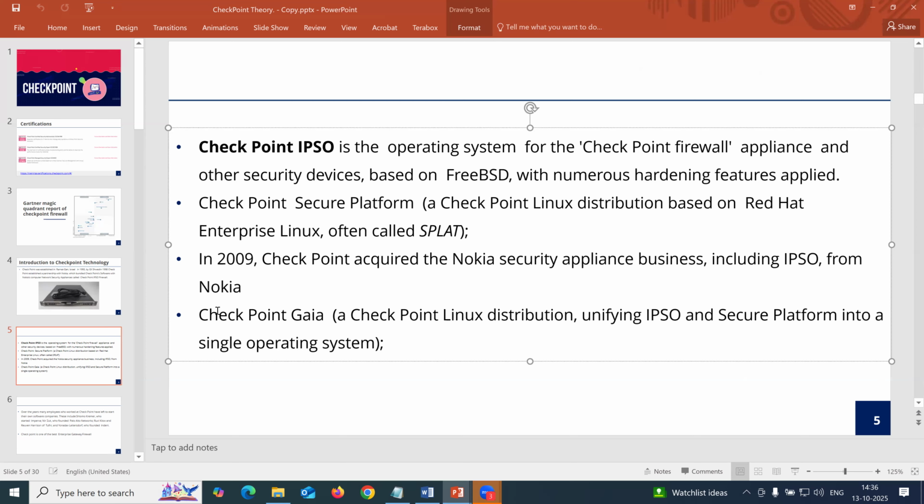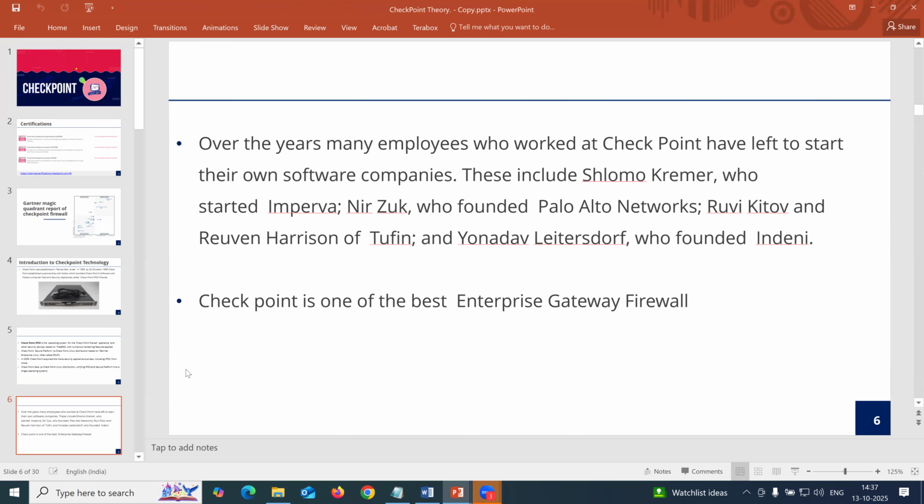So Checkpoint Firewall acquired the Nokia hardware, and now it created a new operating system called the Gaia operating system. And hereafter, the journey of Checkpoint starts. Okay, it's one of the best enterprise gateway firewalls.